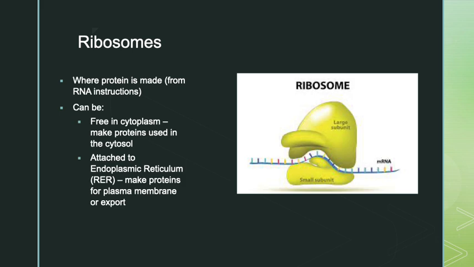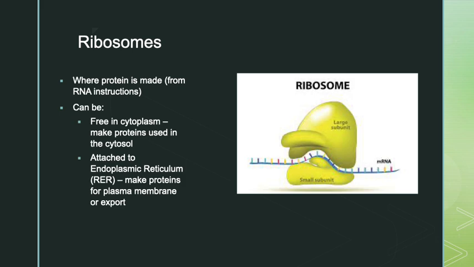These little ribosomes exist in 2 places in your cell. They are inside of the cytoplasm where they're just hanging out. Those ribosomes are there to make up proteins for that cell. So the ribosomes that are free in the cytoplasm will make up proteins for inside of that cell.